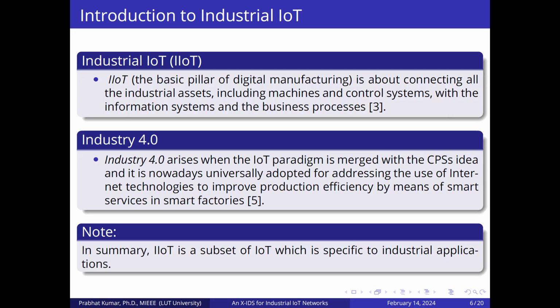But ultimately, what you should get from this Venn diagram is that IIoT, Industrial Internet of Things, is basically a subset of IoT, and it sits inside IoT, and it talks more about industrial applications rather than consumer oriented applications.